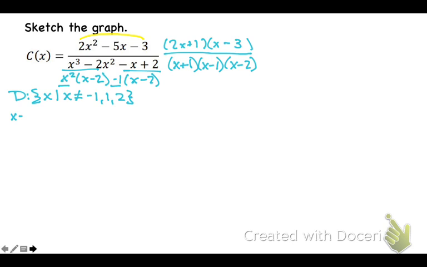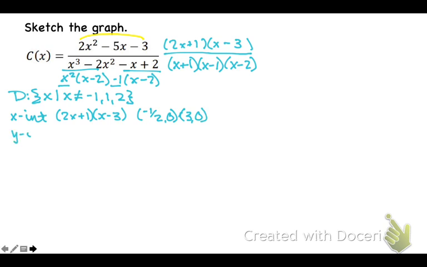My x-intercept is my numerator equal to 0, so I'm going to have 2 x-intercepts here. So I'm going to have negative 1/2, 0, and 3, 0.